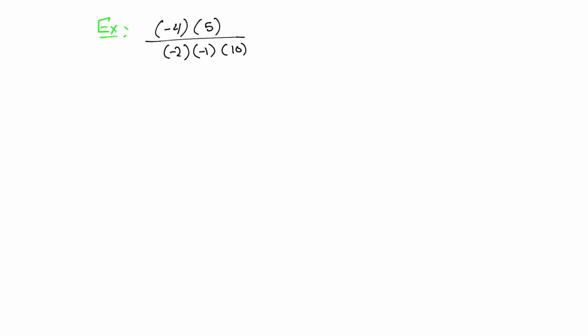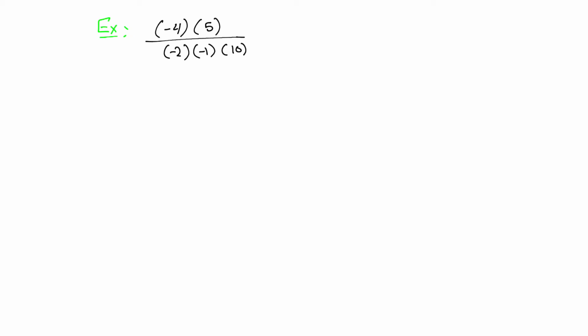Without figuring out what this is, is the answer going to be positive or negative? Without going through and simplifying everything, right off the bat, do you know if this thing is positive or negative? It's going to be negative.